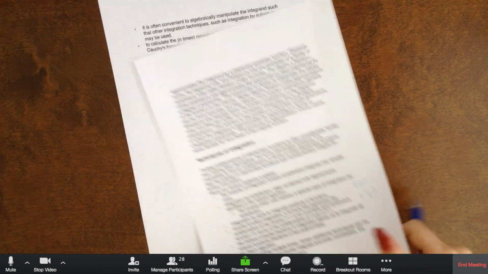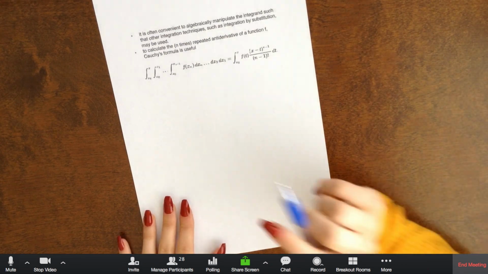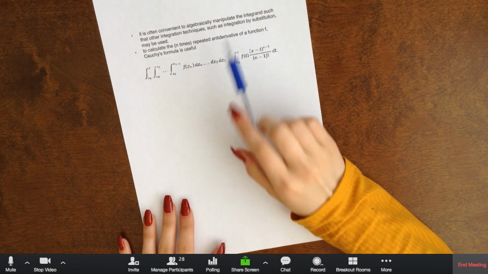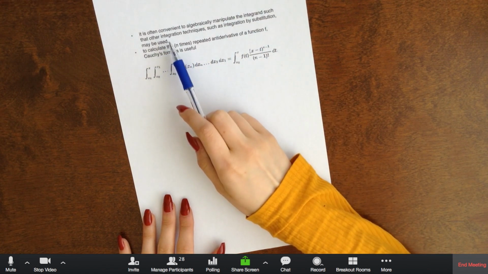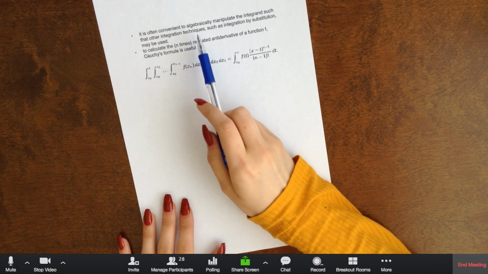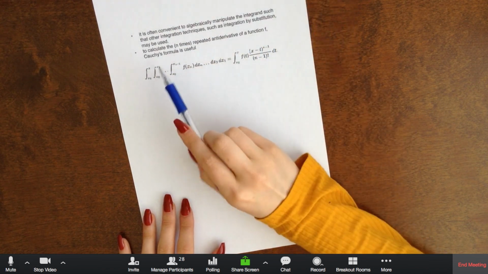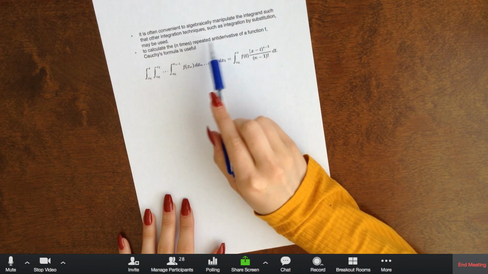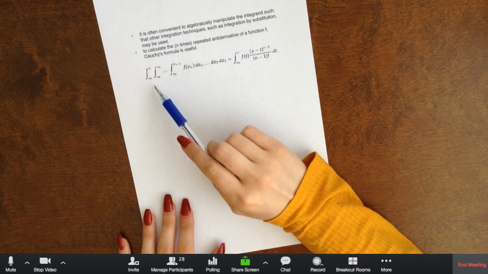Okay. It is often convenient to algebraically manipulate the integrand such that other integration techniques, such as integration by substitution, may be used. To calculate the n times repeated antiderivative of a function f, Cauchy's formula is useful.